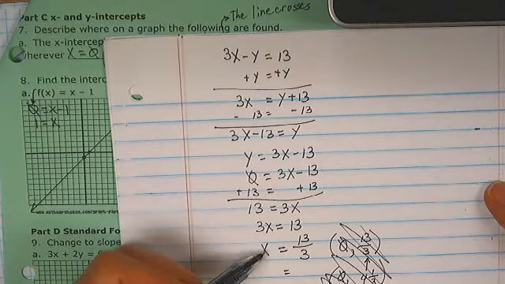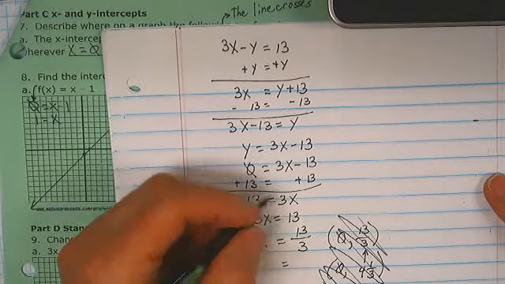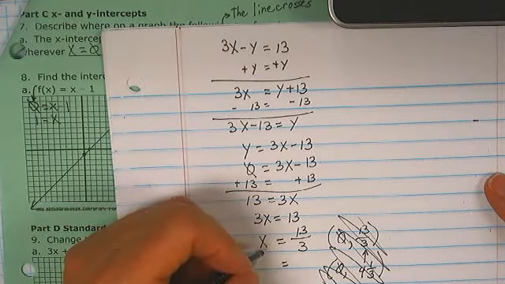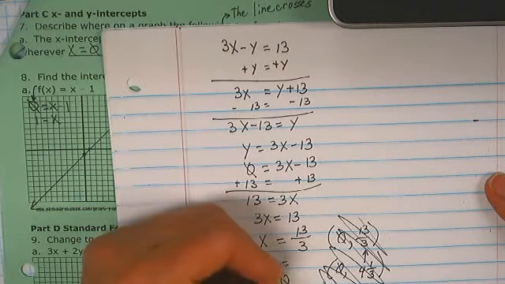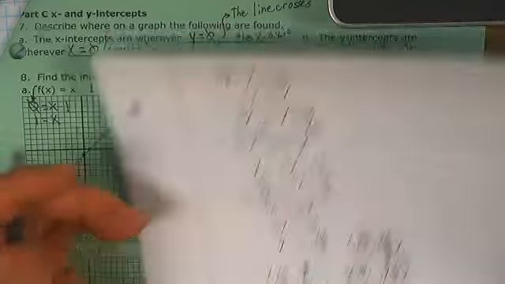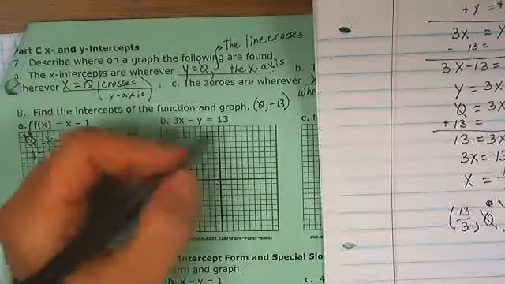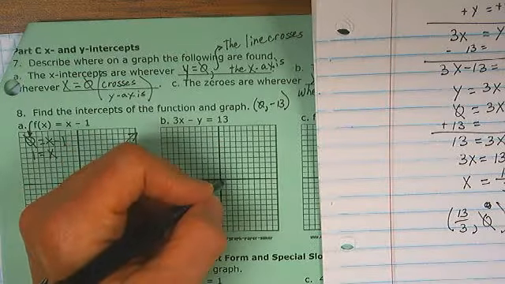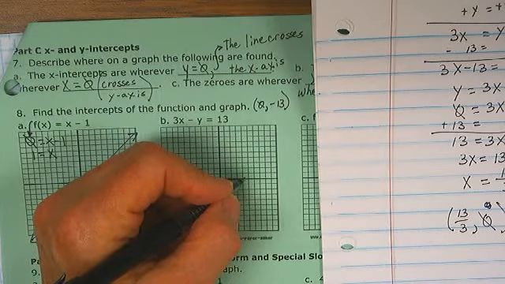When y equals 0, x equals 13 over 3, so my x-intercept is 13 over 3, 0. That's better. So when y is 0, x is 13 over 3, which is about 4 1/3.